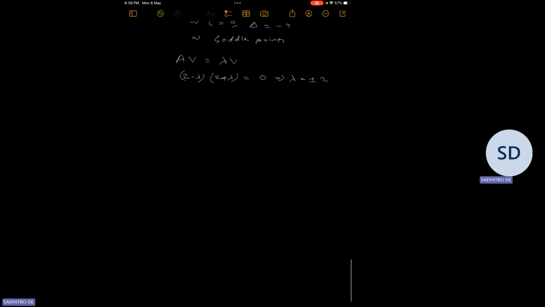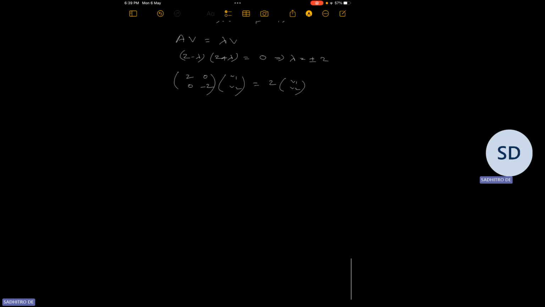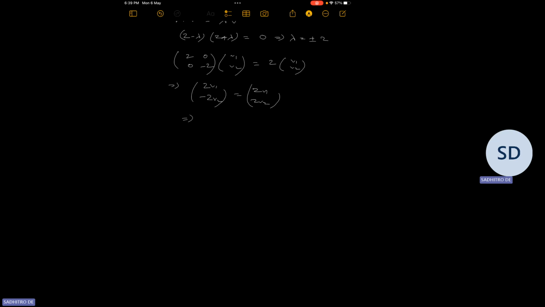And therefore, for the lambda equal to 2 eigenvalue, we have the eigenvector equation, which is 0 times v1 minus 2 v2 equal to 0. This implies that the eigenvector v1 is given by (1, 0).